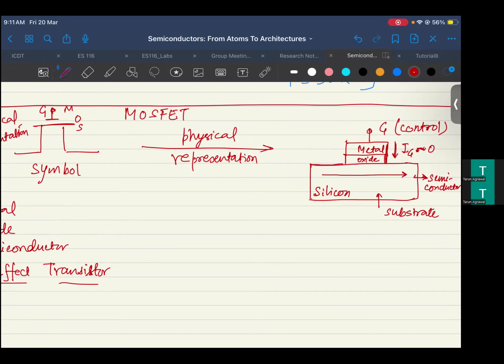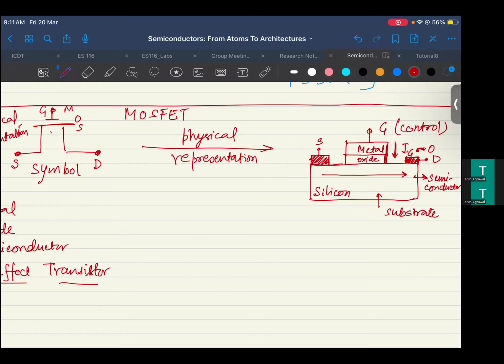Now, to flow the current in this direction, what do I need to do? Obviously, the first thing I have to do is put contacts so that I can apply the voltage, right? And these contacts are similar to, in the symbol, the source and drain, right?